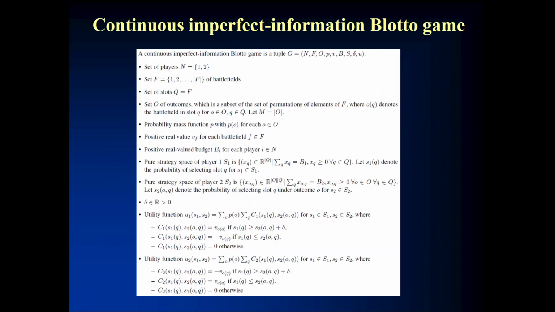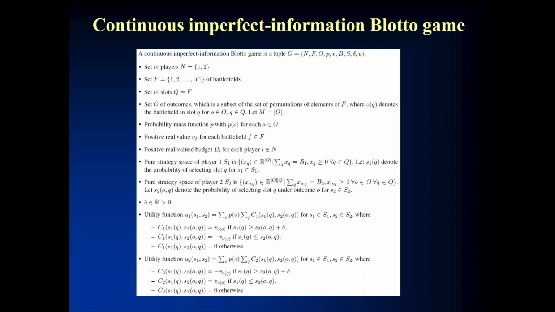Here's our model that we'll be looking at of a continuous imperfect information Blotto game. So there are two players, a set of battlefields, a set of slots, and then a set of outcomes, which is a subset of the set of permutations of these slots. There's going to be a probability on each of these outcomes. Each of the battlefields is going to have a positive real value, and each player is going to have a budget.